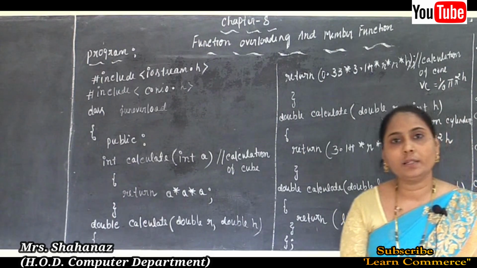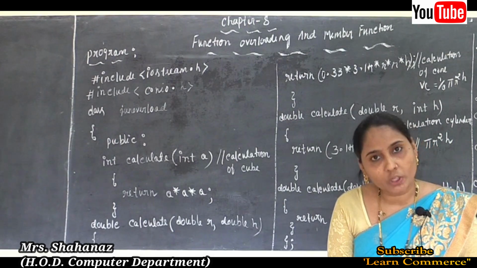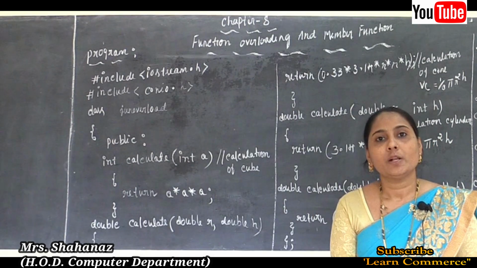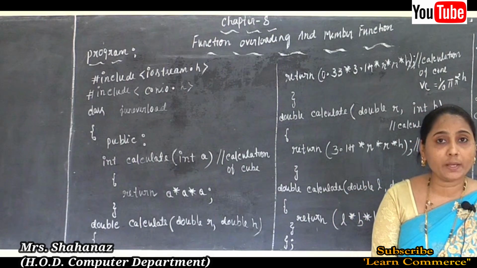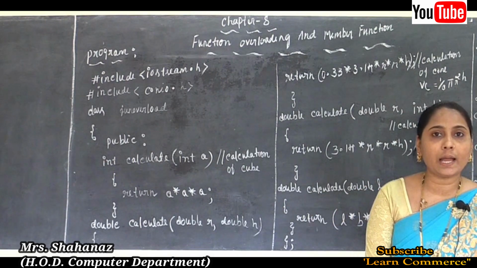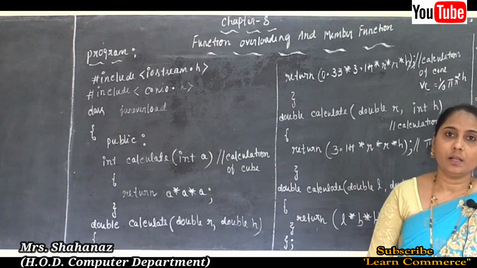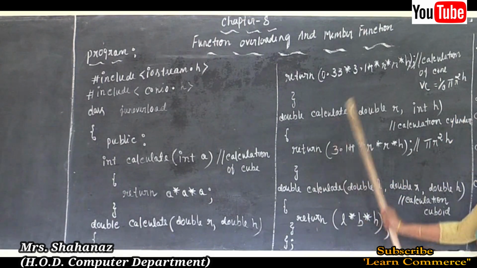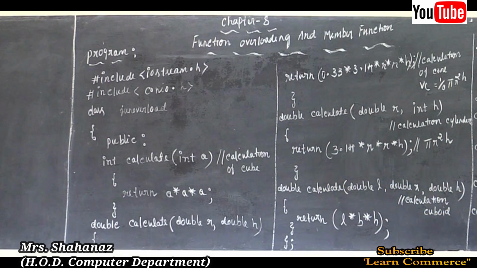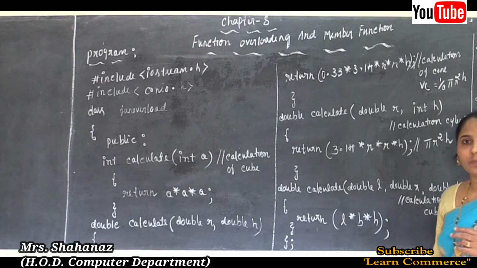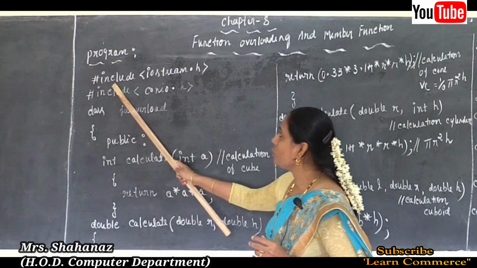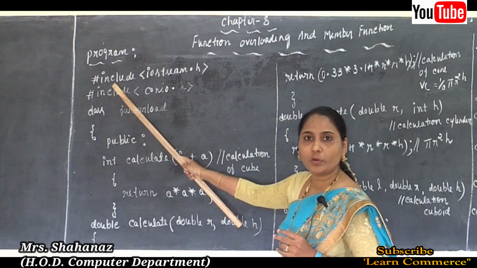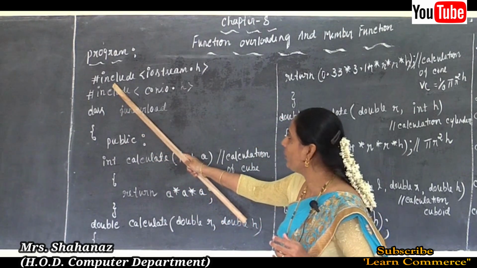And we know that a function overloading program must be declared and defined separately. So now, one function overloading program. First we need to write the header file #include <iostream> for input and output.